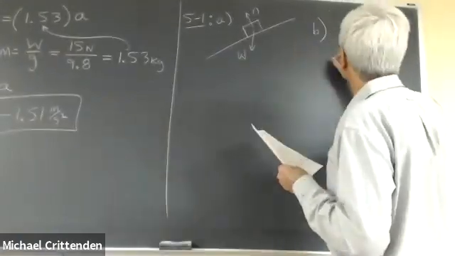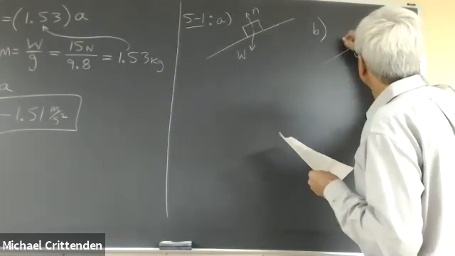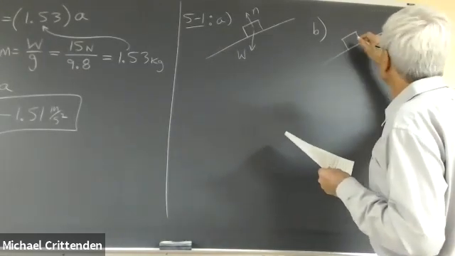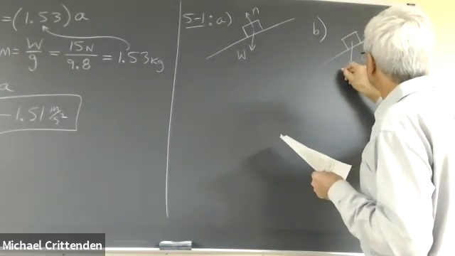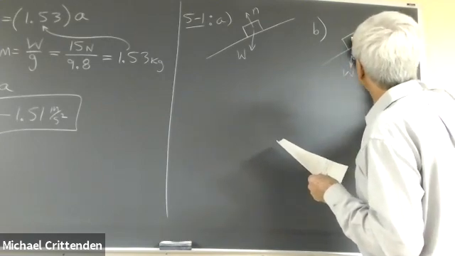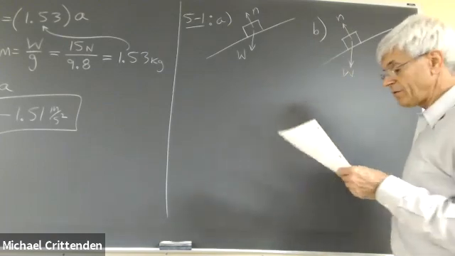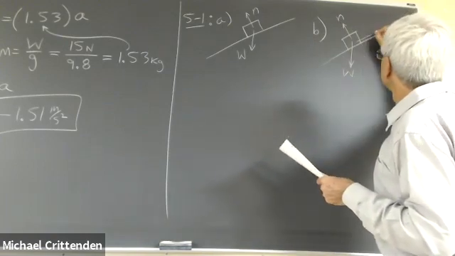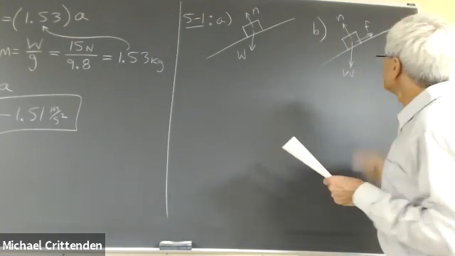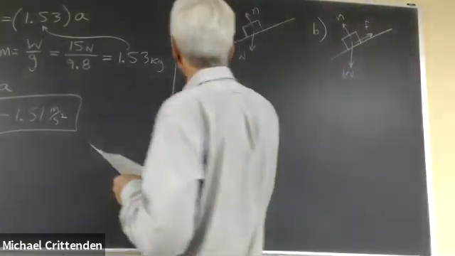Part B, kind of similar. You've still got the weight pointing toward the center of the earth. You've still got the normal force acting normal to the surface it sits on. This time, friction is present.